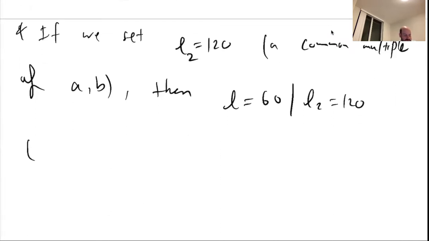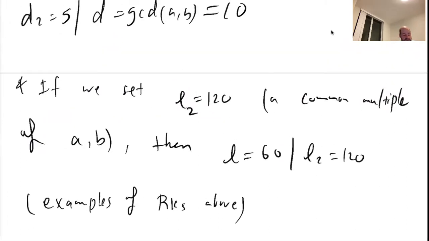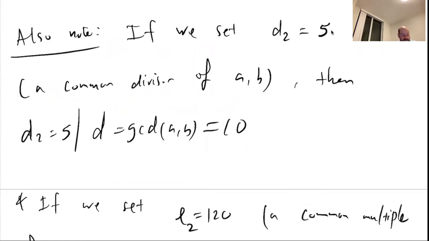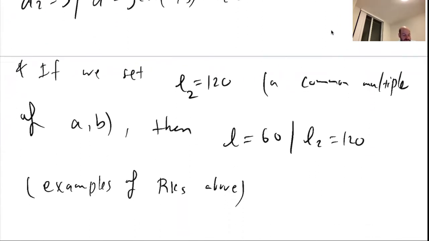So these are examples of the remarks above: that GCD is not only bigger than or equal to any common divisor, in fact, any common divisor is a factor of the GCD. And similarly, LCM is not only less than or equal to any common multiple, in fact, LCM is a factor of any common multiple.